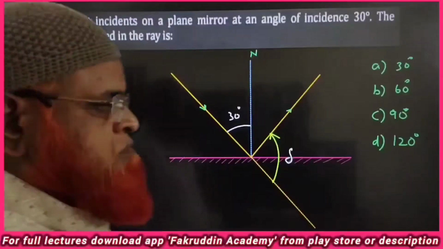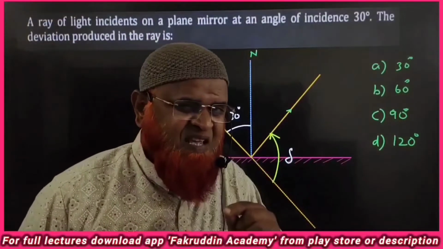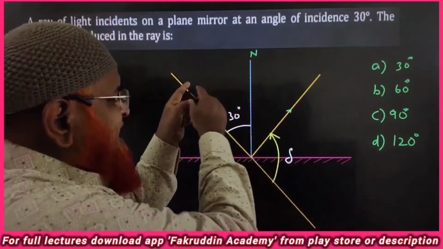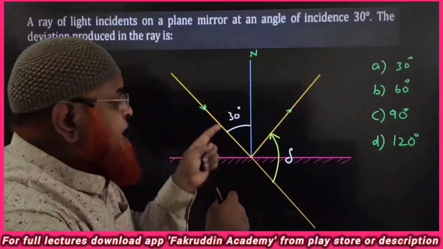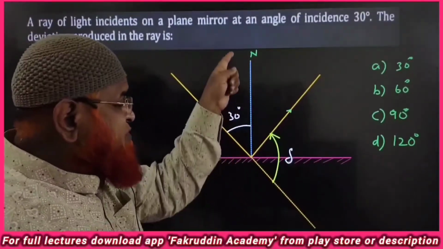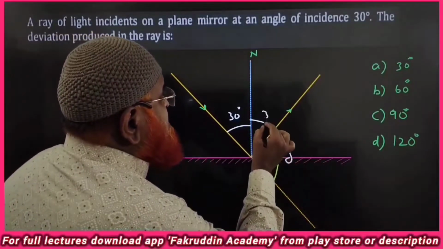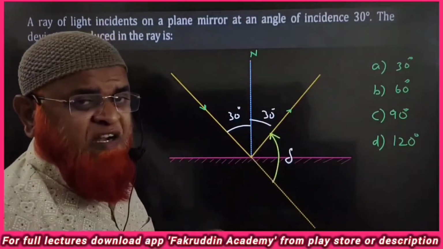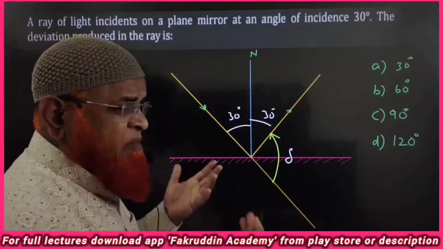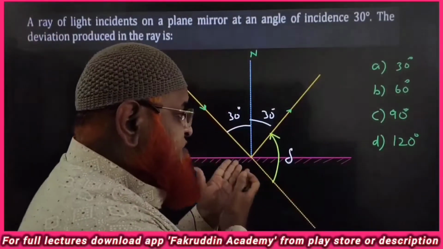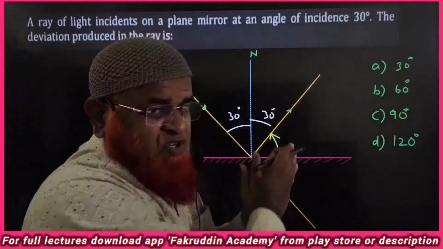That's it. My dear friends, this is a case of deviation. How to find out the deviation when the incident ray makes an angle of 30 degrees with the normal? If this is 30, this is going to be 30 degrees. He is asking us to find out the deviation. What is the meaning of deviation? The actual path of the light ray is this one, but the reflected ray is moving in this direction.